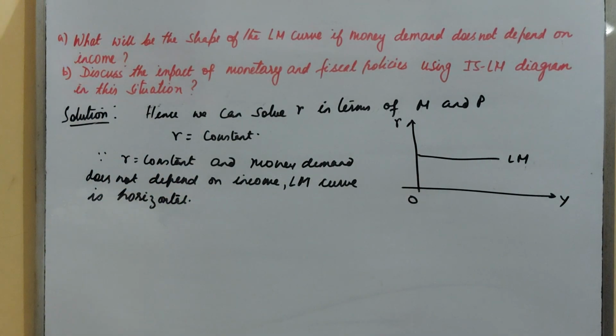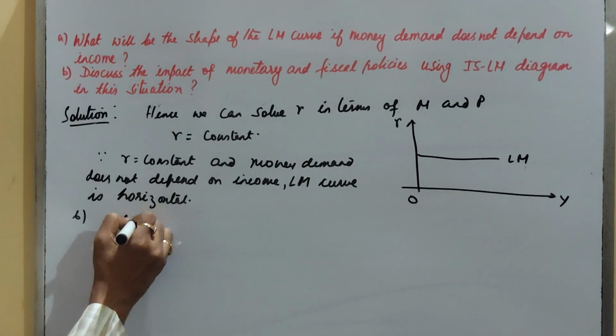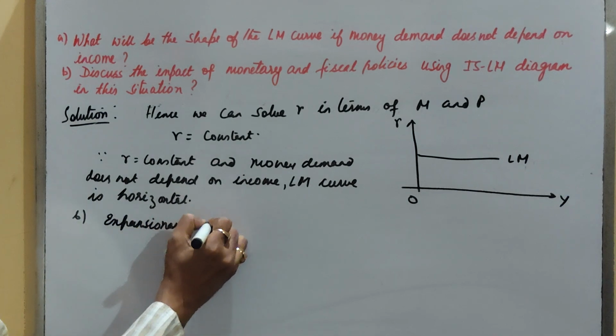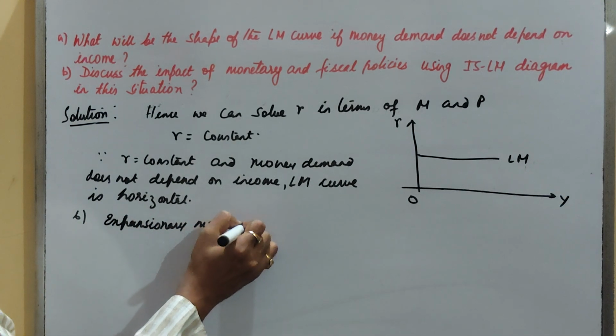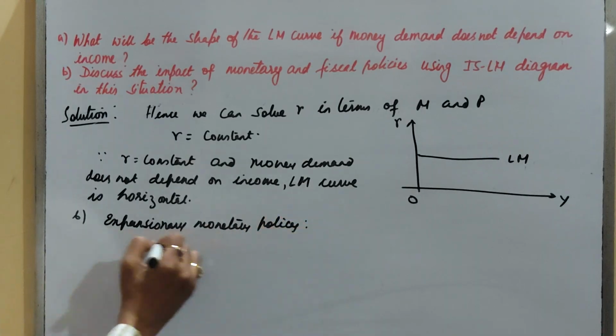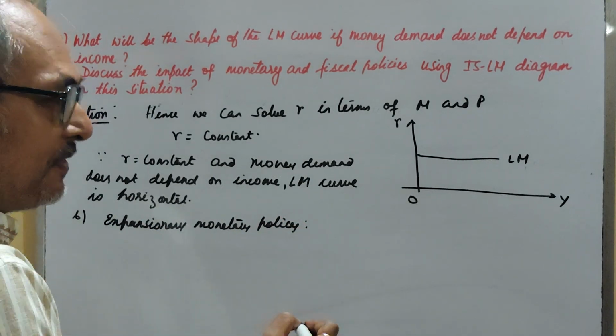Now we will do the second part. Impact of monetary and fiscal policy. Suppose we consider expansionary monetary policy. Due to expansionary monetary policy, the LM curve shifts down.